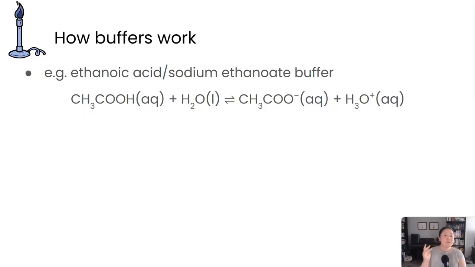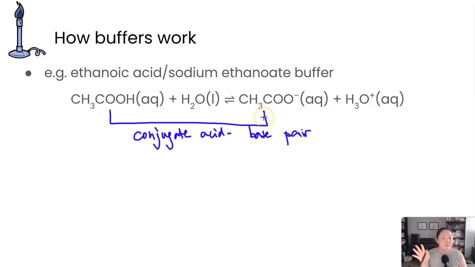Whenever it comes to these buffers, no matter whether you're using a weak acid, weak base, or various different salts, the key thing is that the important bits of your buffer solution are going to be a conjugate acid-base pair. Whenever you have a conjugate acid-base pair, one of them is always going to be charged, whether it's a positive charge or a negative charge, depending on the pair that you have.